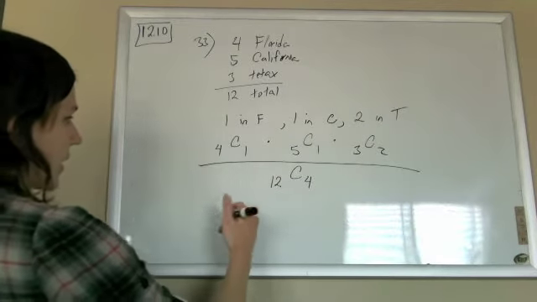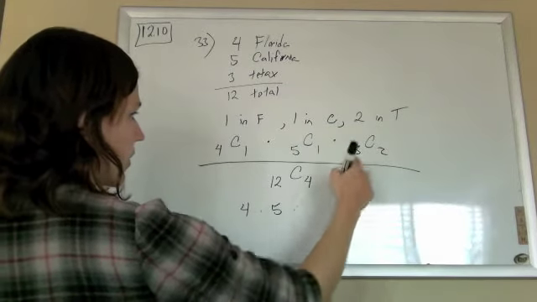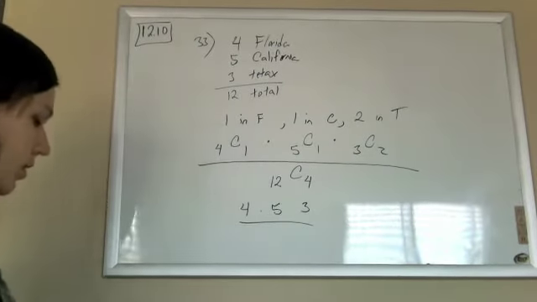So plugging these all in, this would give you 4, that would give you 5, this would give you 3, and this would give you 495.